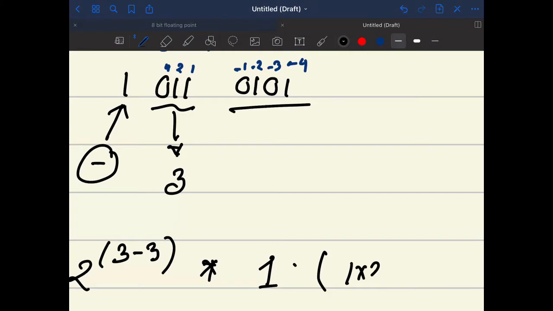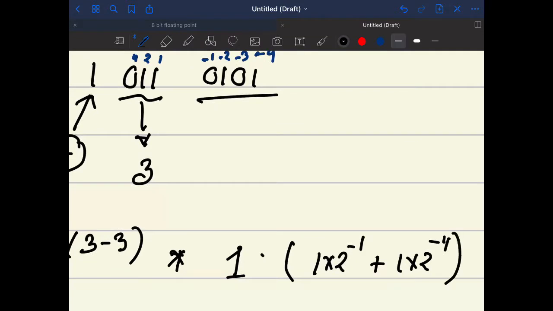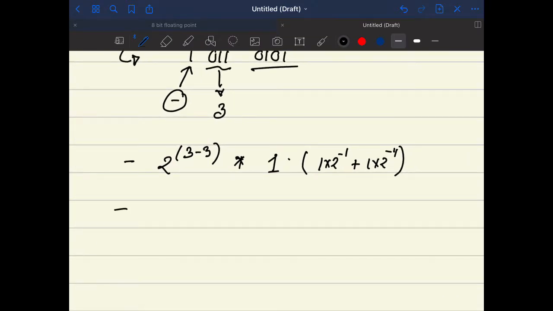So 1 into 2 to the power -1 plus 1 into 2 to the power -4, and this would give us the value of -1.3125.